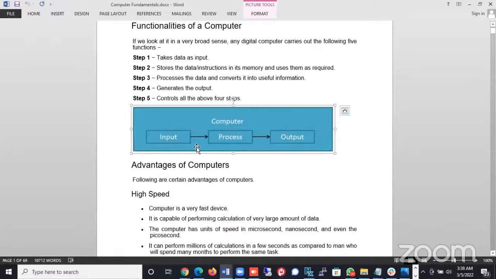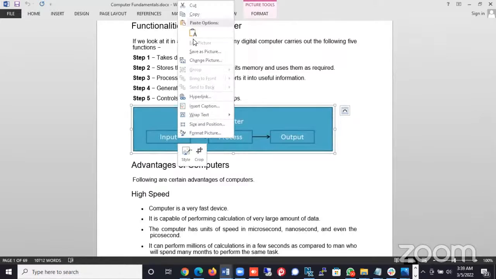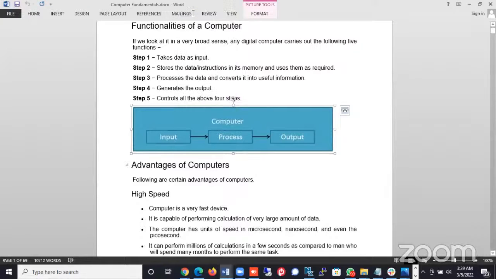When we say the computer has input, there has to be something, a keyboard, to get data. You have to input data into the computer. The computer will process the data and there will be an output on your monitor or something for you to see. Let me give an example.